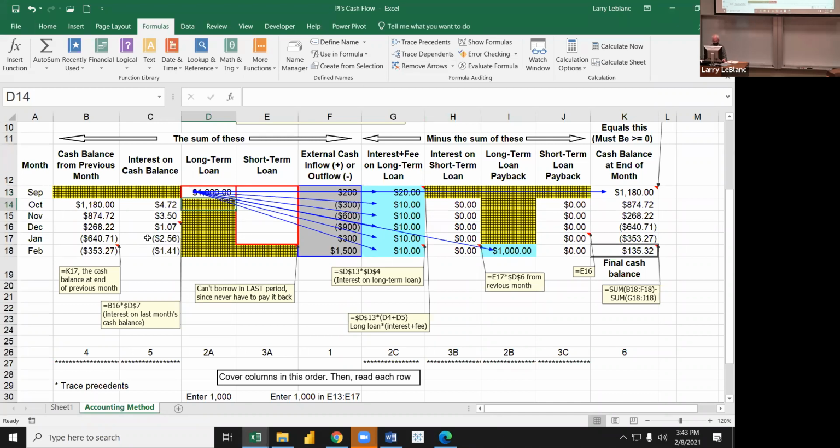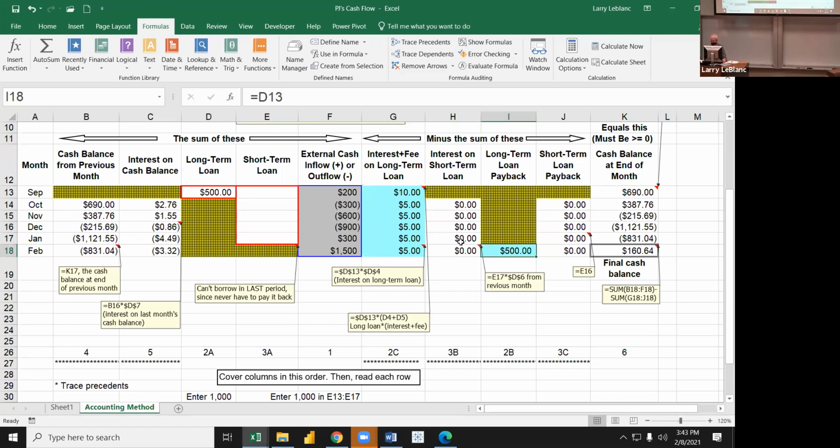Let me change the 1,000. That's a little hard to read, so I will remove the arrows. I put 500 in the big loan, D13. I had 1,000 a moment ago. So we repay 500. 2% of 500 is 10 and 1% is 5. That's how the big loan interacts through the time periods.